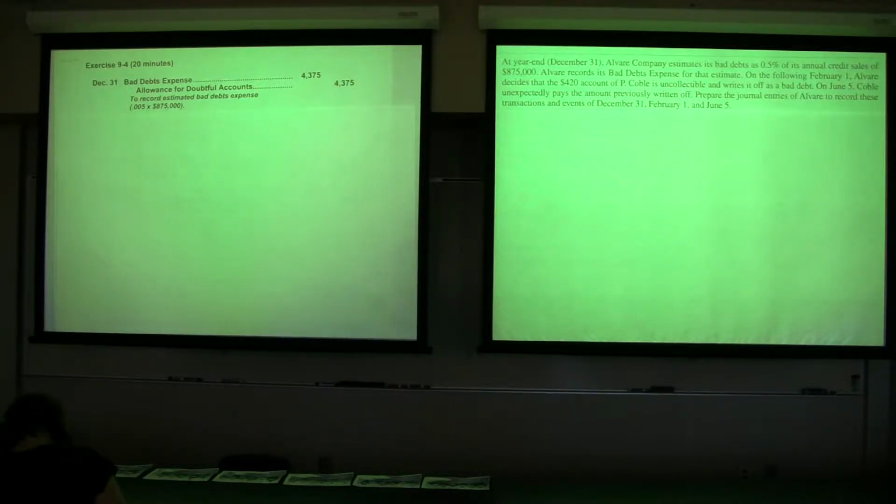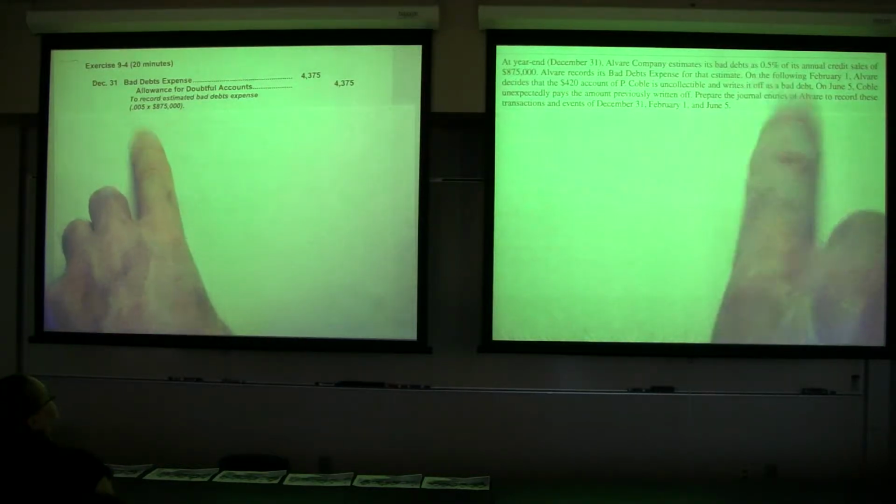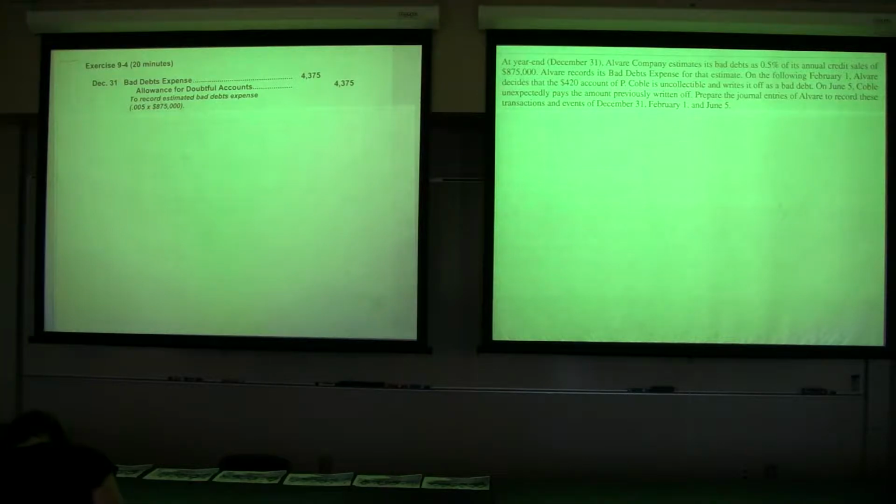Here's the estimation. And I know I'm repeating myself, but 0.5% is 0.005. Because somebody on the test is going to put that as point five, you know what I mean? So I know I'm repeating myself, but trust me, there's a method to my madness.